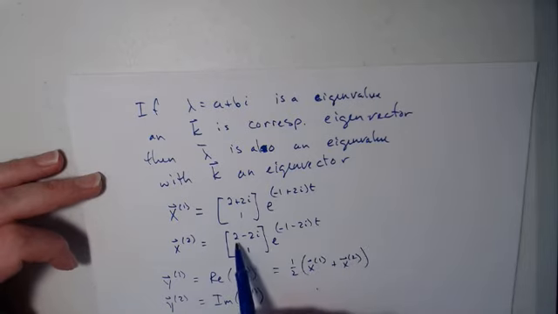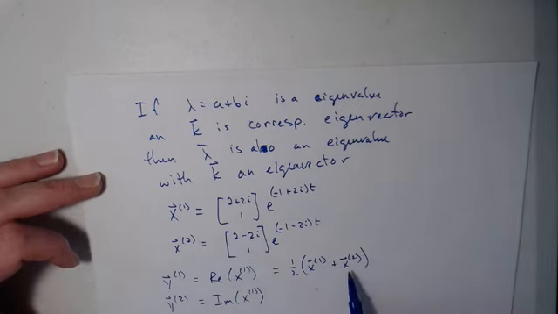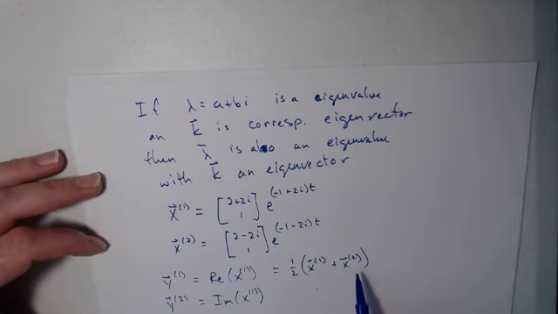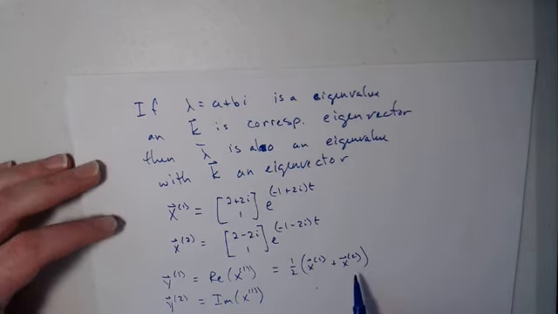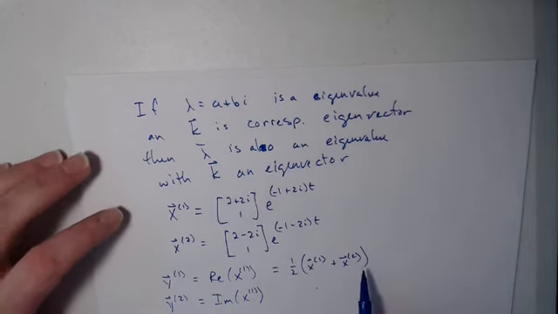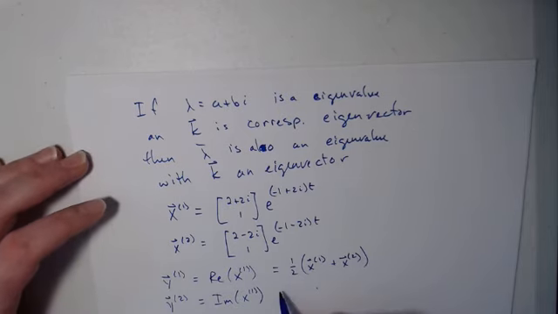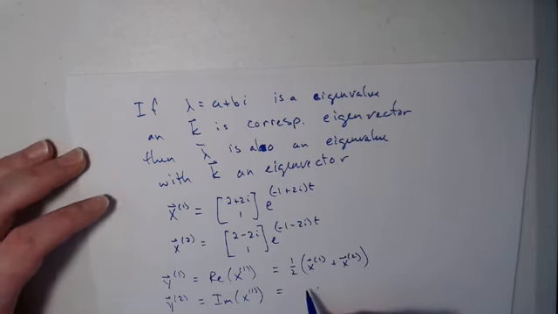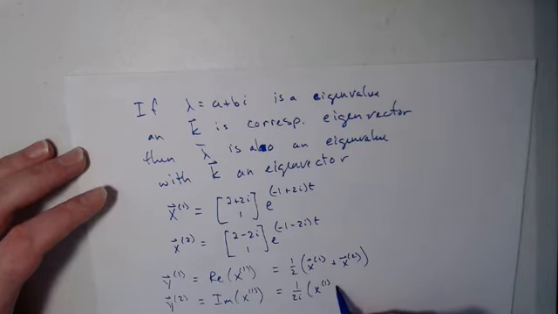Right? The real part of x1 plus the real part of x2. The real parts of x1 and x2 are the same. And the imaginary part is going to be 1 over 2i (x1 minus x2).